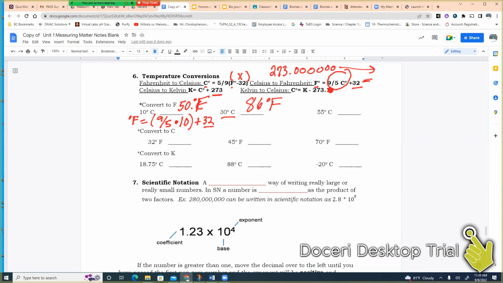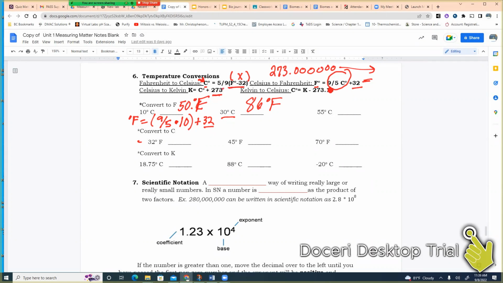Now, if we have Fahrenheit and we're converting to Celsius, we're using this one where you're subtracting 32. On my first one, 32 degrees Fahrenheit, what's that going to be in Celsius? Do I need to put it in my calculator? No, because remember, I have to do this first. 32 minus 32 is 0, right?